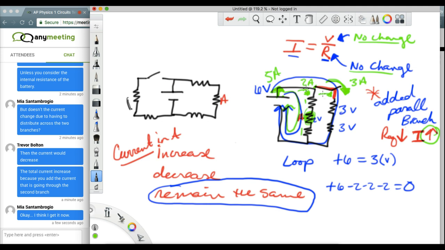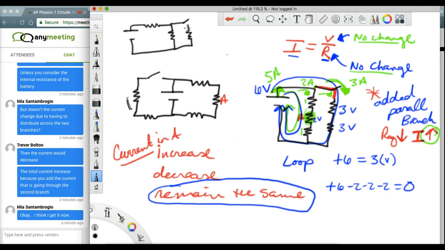Now the reason why a lot of us get into trouble with this kind of problem is because in class we've been doing a lot of this, where we had a circuit like that. And then maybe we had a switch there and a circuit like that.